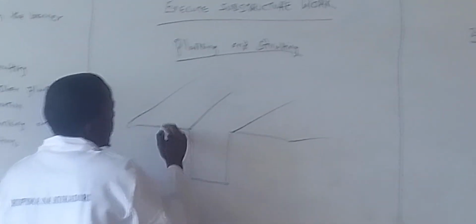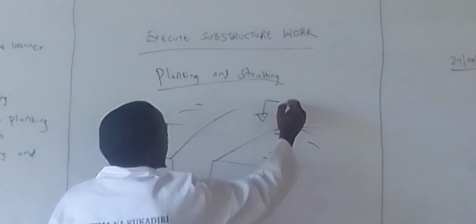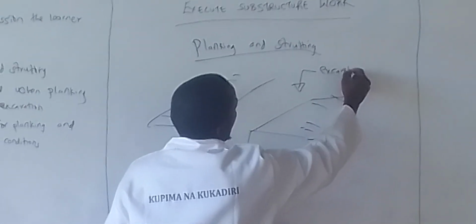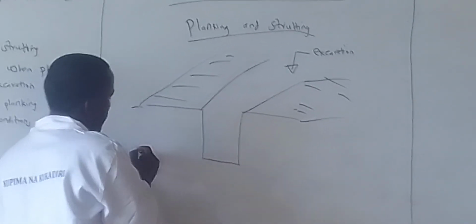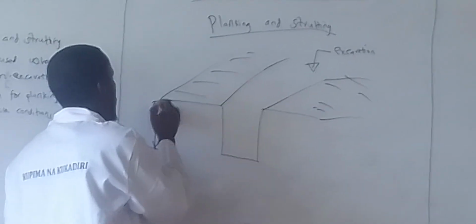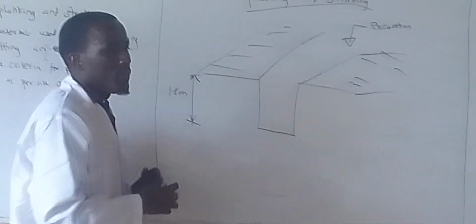Now, I'll say this. It is true. Planking and strutting is that act. Taking for example that this is your site, and this is your excavation. Let's say that you are excavating for a depth of 1.5 meters.